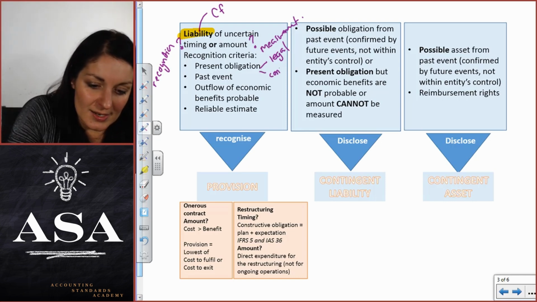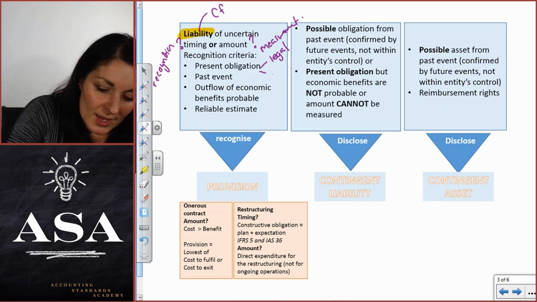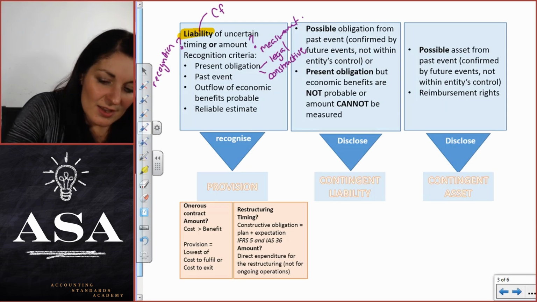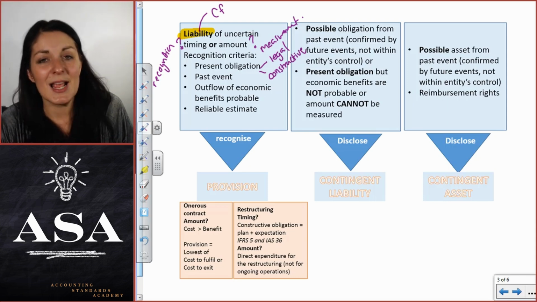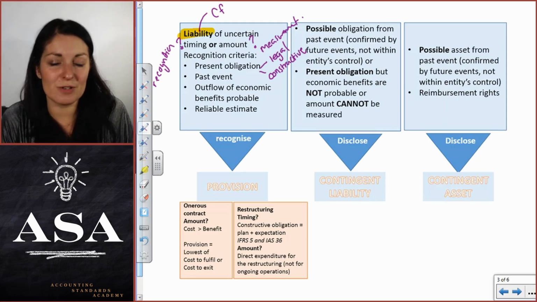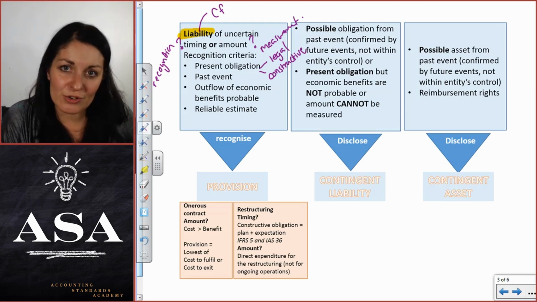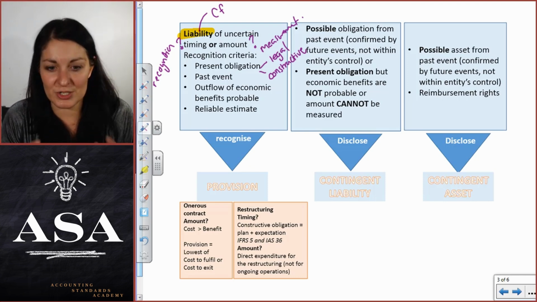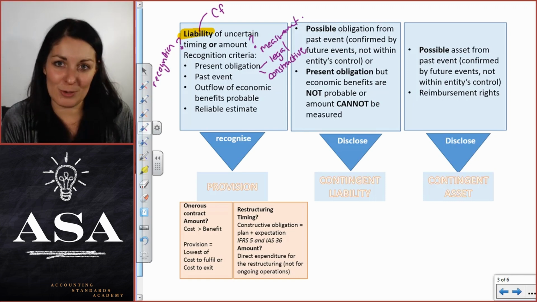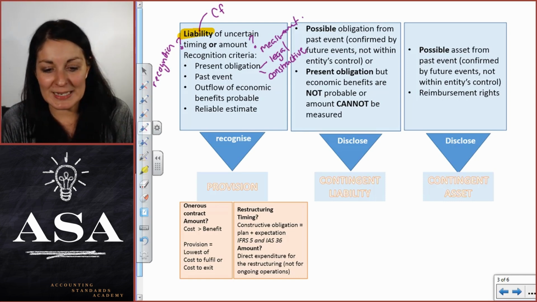Okay, so this is something that arises because of circumstances. Constructive means that there are past practices, there are management policies, it creates an expectation, for instance. So this obligation arises because of certain circumstances that have set the scene for this to be an obligation. Okay, so it could be legal or constructive.